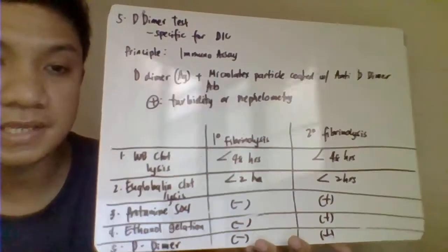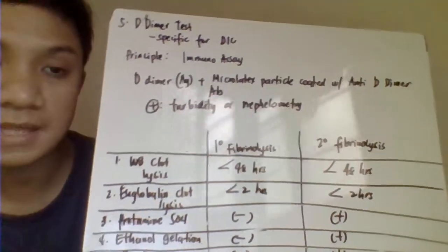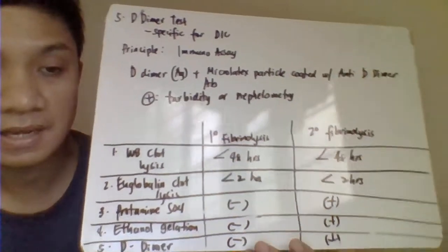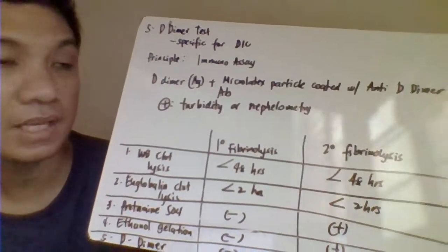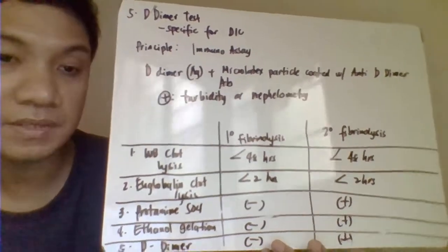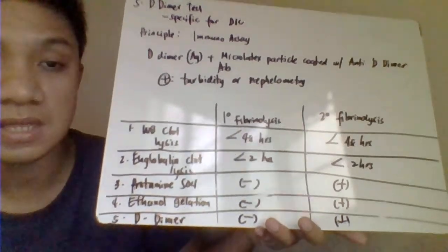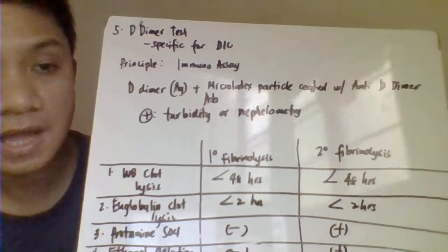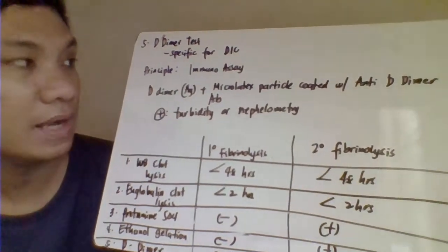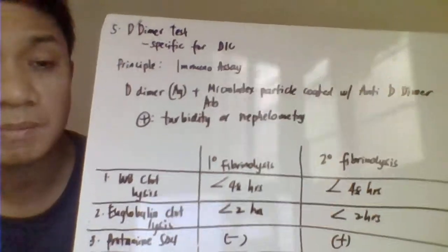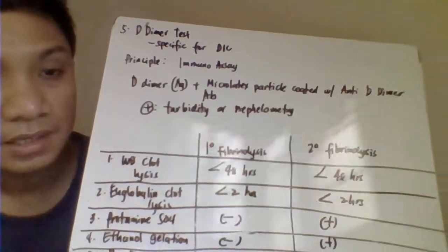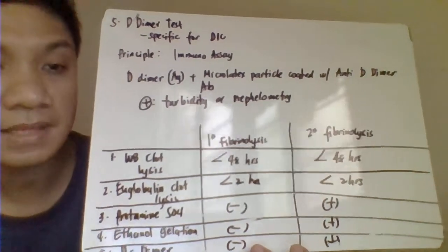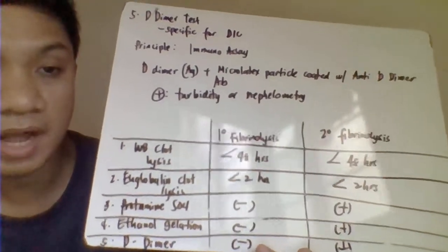Okay, then we have also here the test for the D-dimer. Again, the D-dimer is basically the fragment that is very specific for DIC. So if you get a positive result for the D-dimer, then that's associated with your DIC. We have your enzyme immunoassay. Since immunoassay ito, gumagamit tayo ng antigen-antibody complex reaction.